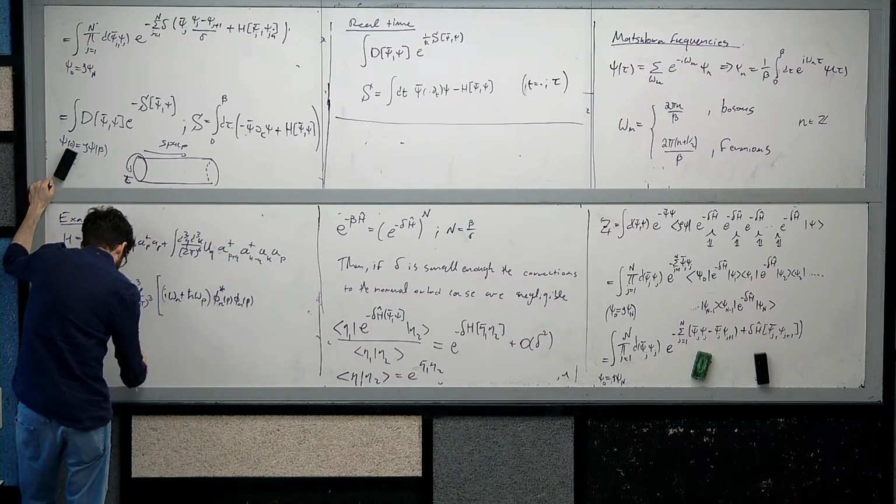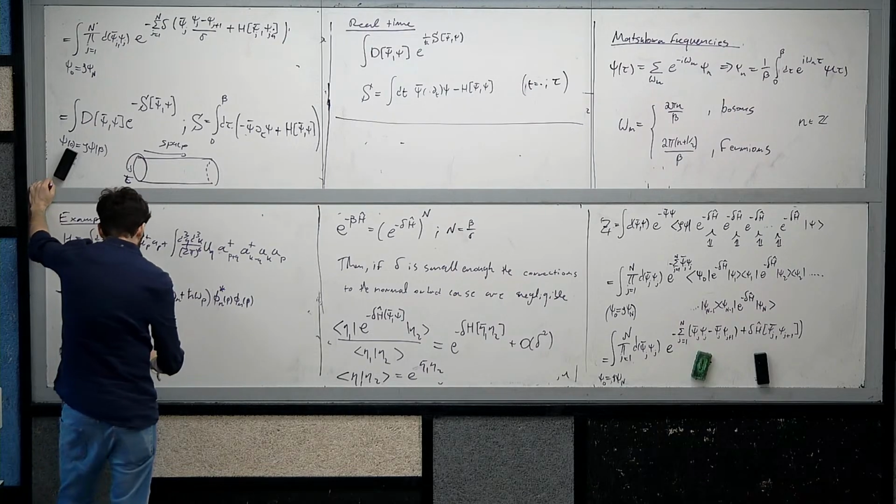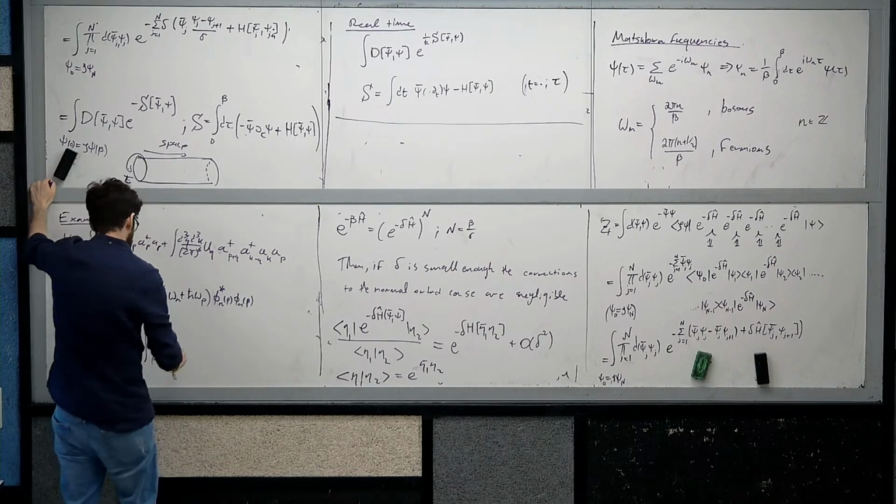I'm going to have n prime and nu, whatever. And then an integral d3k d3q divided by 2 pi to the 6.